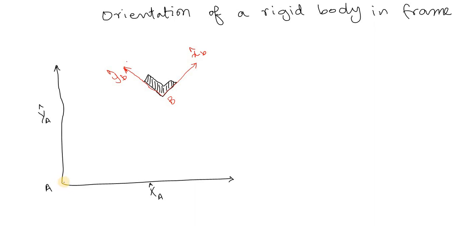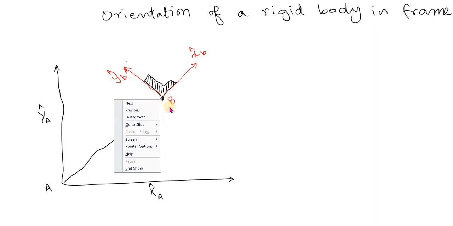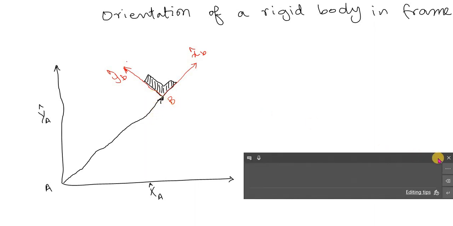So how can we do that? Again, from the origin of frame B, we measure the position in frame A. As we studied in the previous slide, we can do it by making a vector, joining the origin to this point, and this is a vector we have.